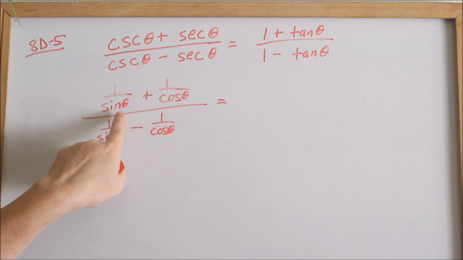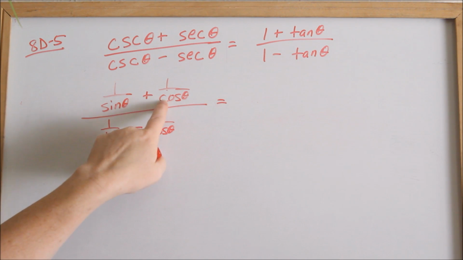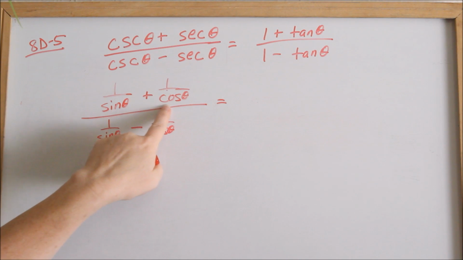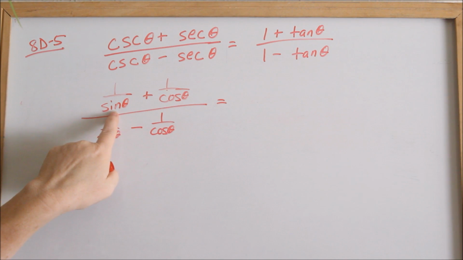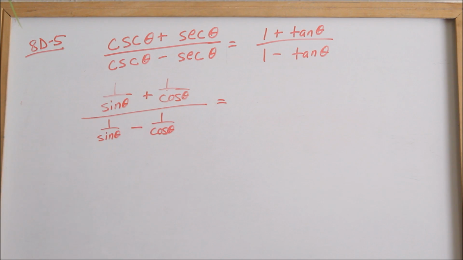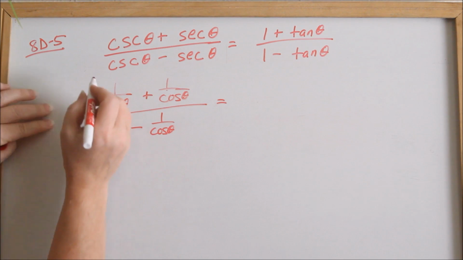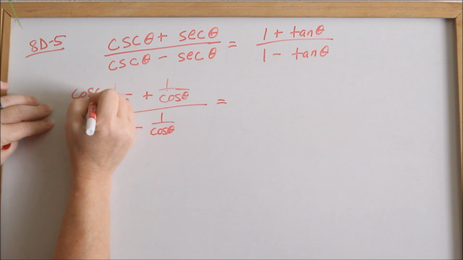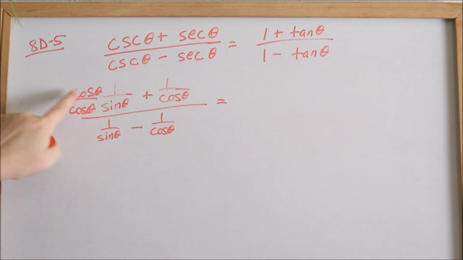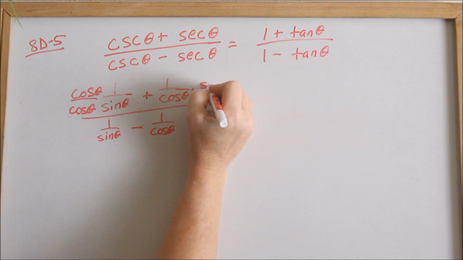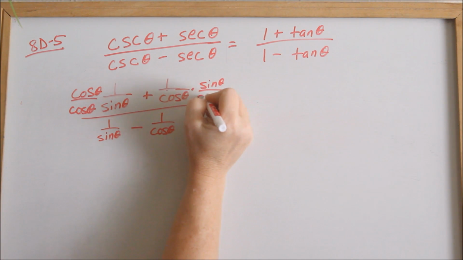Okay, let's look at the very top. What are we doing? We're adding fractions. What do you have to do when you add fractions? Make a common denominator. So our common denominator will be sine times cosine. So for this fraction, we need to multiply a cosine to it. Whatever I do to the denominator, I have to do to the numerator. For this fraction, I need to multiply a sine to it.